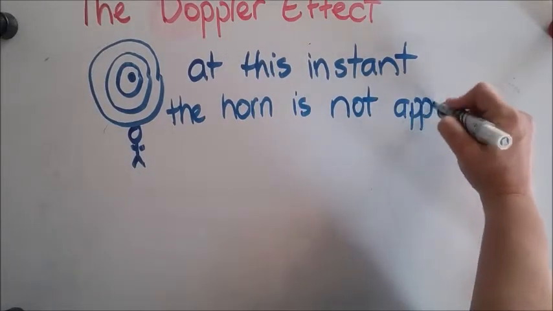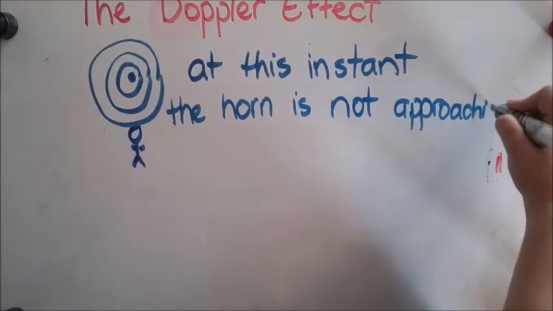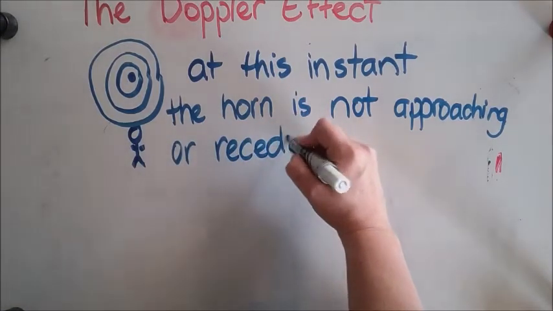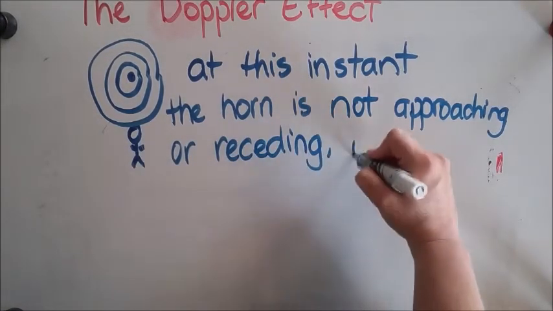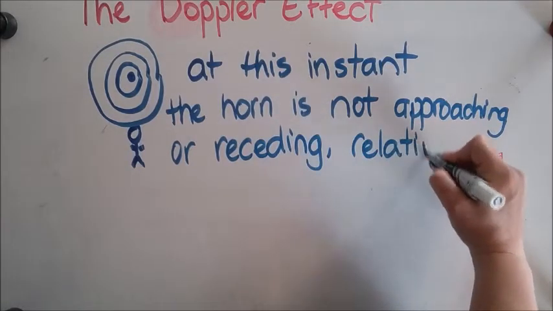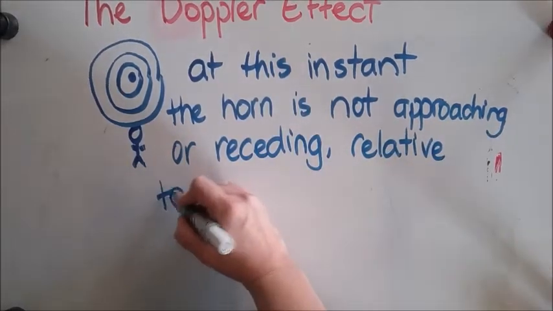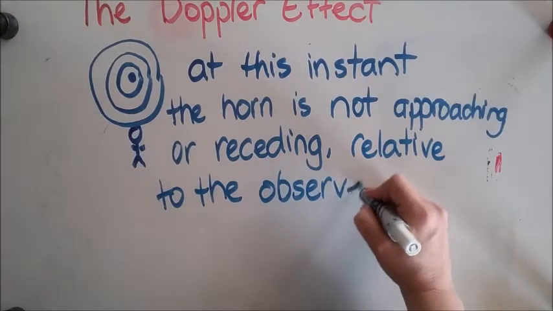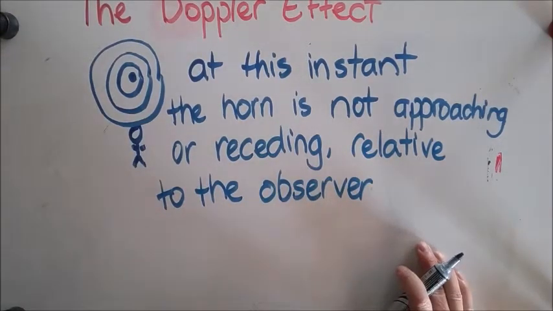The horn is not approaching or receding relative to the observer. So you've made it clear that there is no relative motion between the horn and the observer at that point.